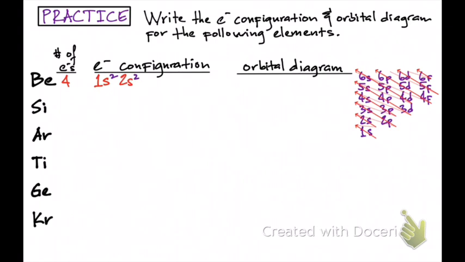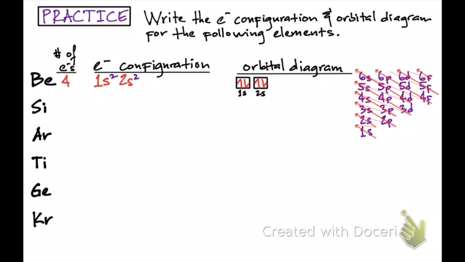And then for the orbital diagram, you would have 1 box for each sublevel. So you have a 1s sublevel and a 2s sublevel. So you have 1 box for each one. Okay, and then you're going to put 2 electrons in each box. So 1 spinning up and the other electron spinning down for a total of 4 electrons.